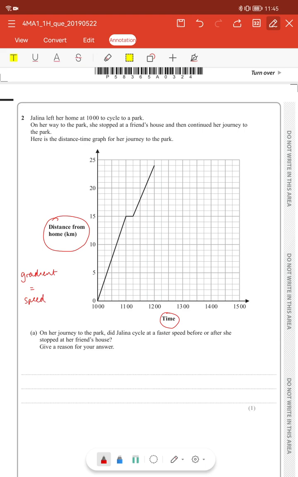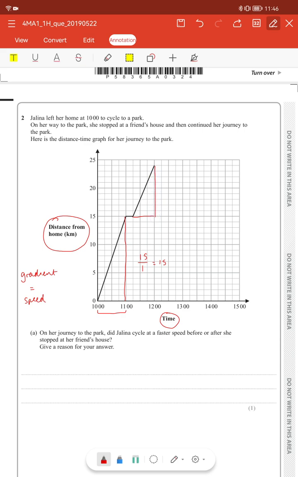And if we were to look at it from this, well, pick certain points. Has she gone quicker? So remember, the gradient for this would be the rise, which would be 15 divided by your run. So the gradient here is going to be 15 over 1, which is 15. And here it'll be from 11:15 to 12, which is 0.75.